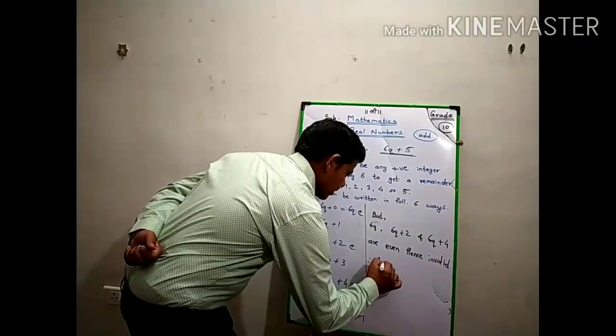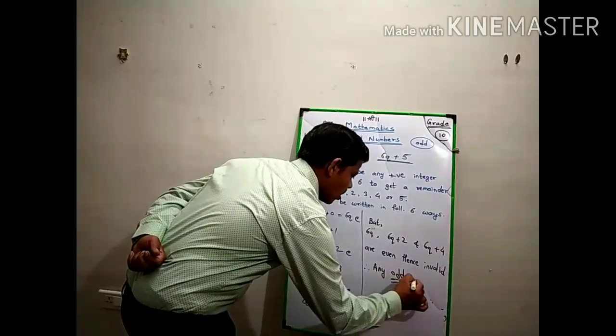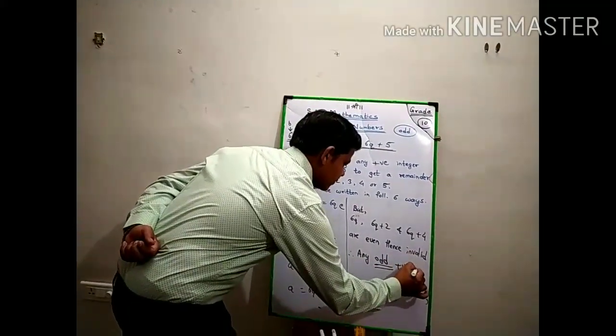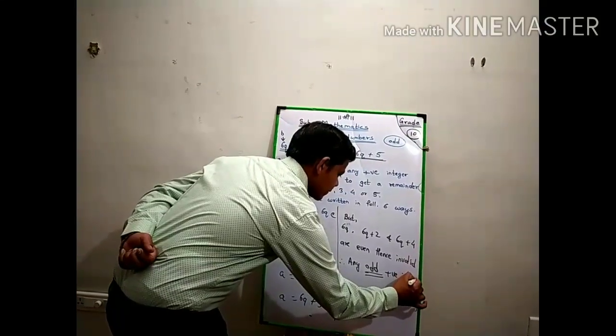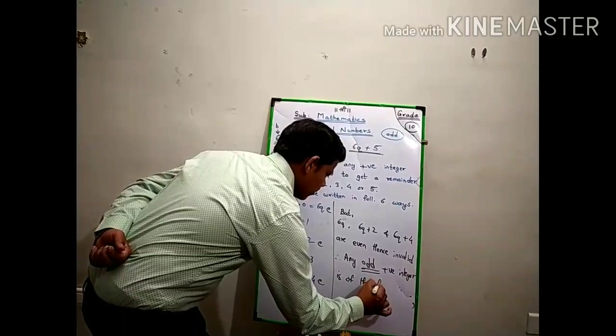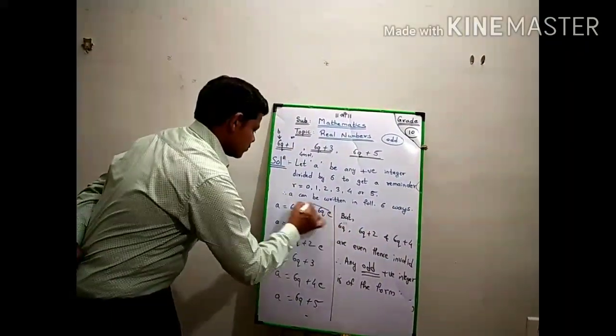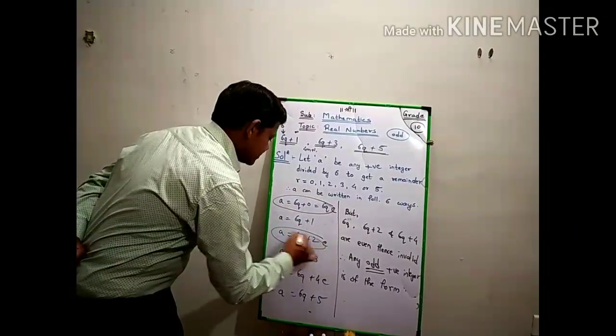Therefore, any odd positive integer is of the form, which form? Yes, tell me now. These have become invalid. So this is invalid, this is invalid.